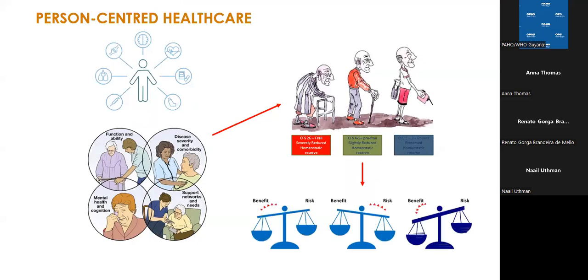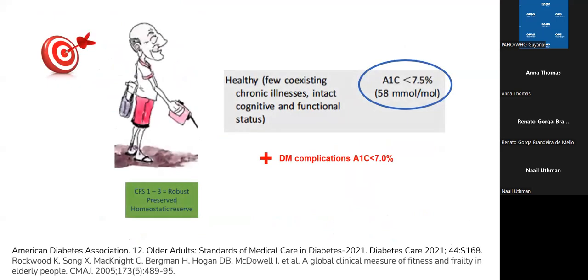We have to check the benefit risk ratio. We have to properly weigh this ratio before deciding if we'll treat and how we will treat all the patients with diabetes.